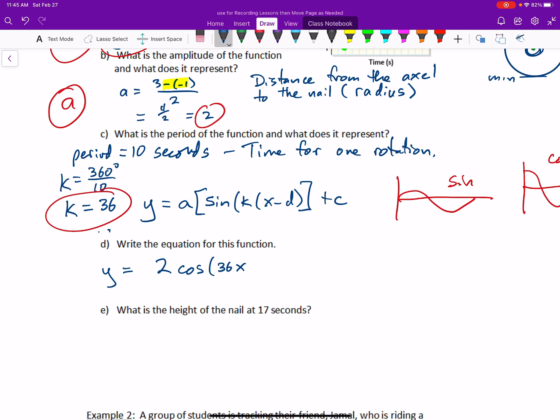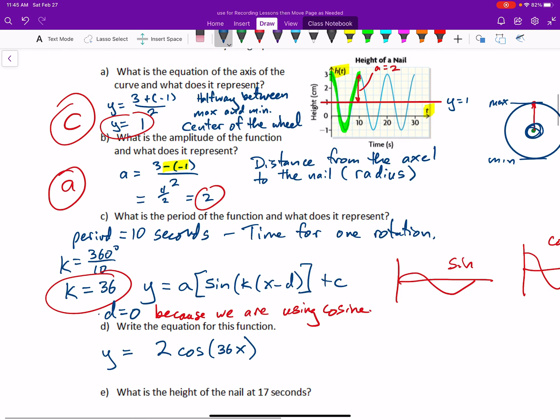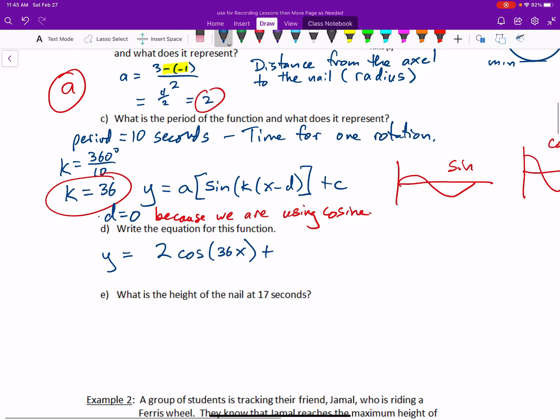Let's be specific and say d equals 0, because it's cos. And then I just add my c value in, which was 1. And here is an equation that represents this exact situation.